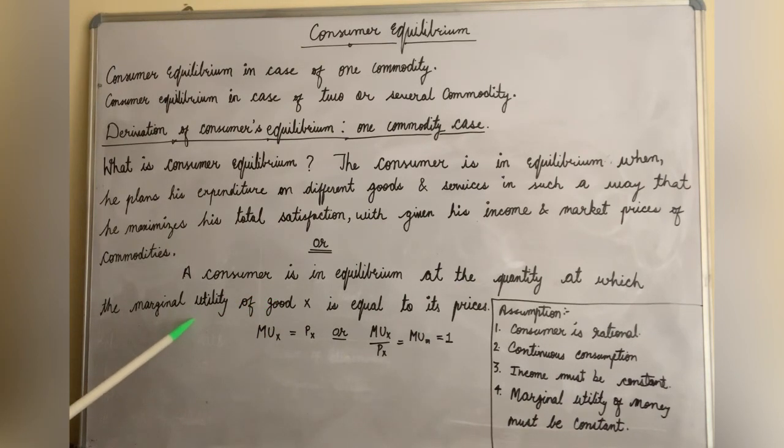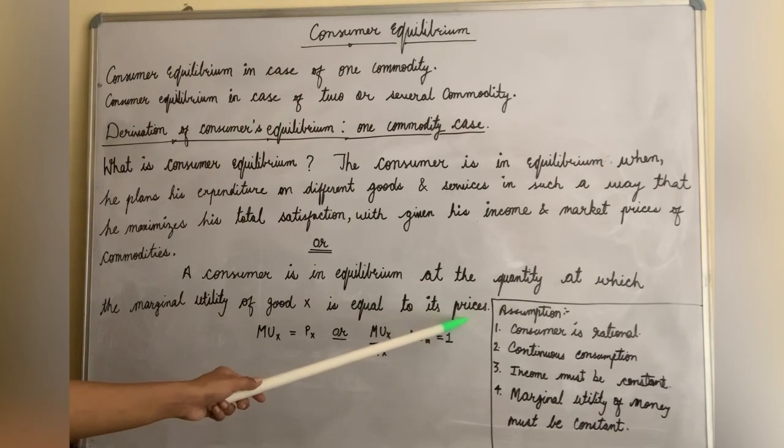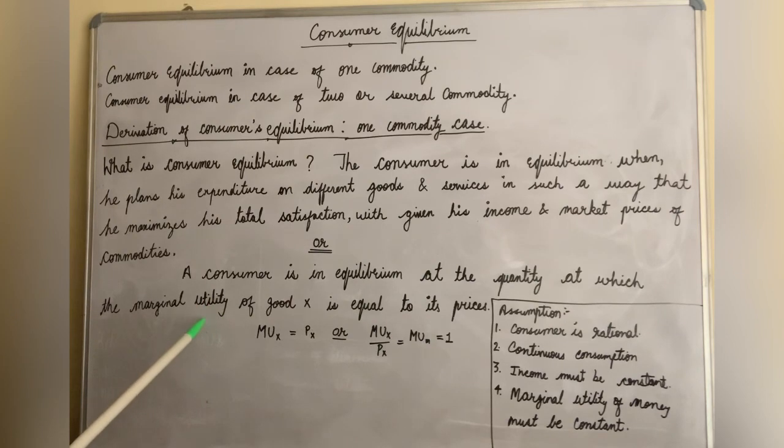The marginal utility is the utility derived from the consumption of the additional unit of good X. We will consume a unit until its price and the utility or satisfaction become the same amount. Until then, we will consume that commodity. Or we can say that MUx is equal to Px: the marginal utility of good X is equal to the price of good X.